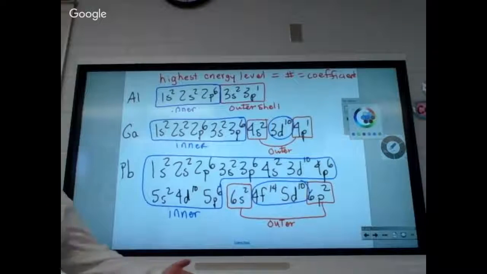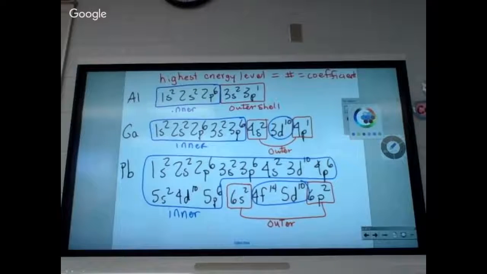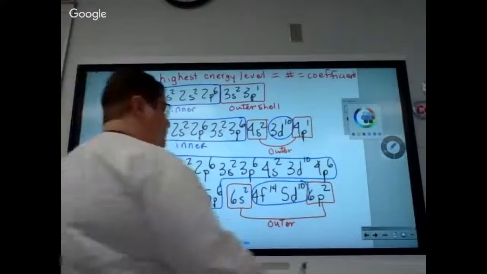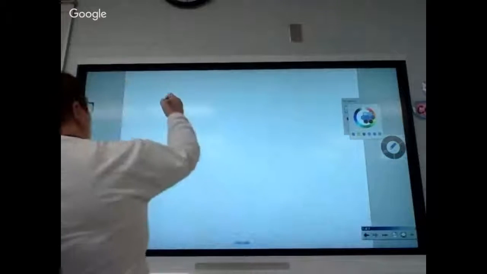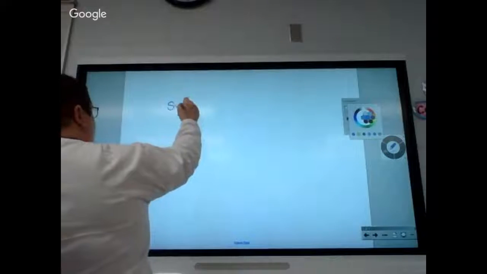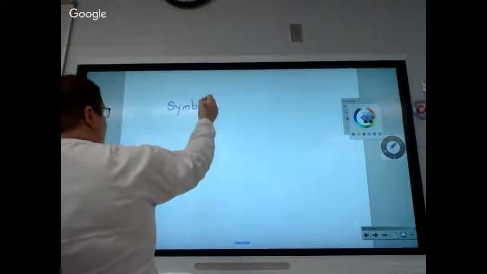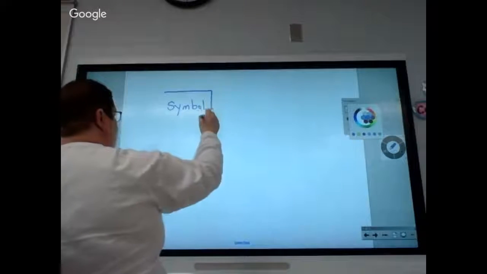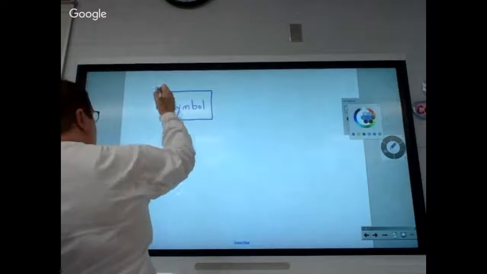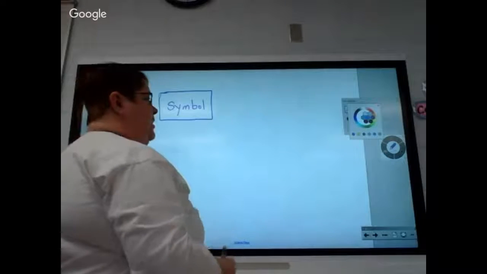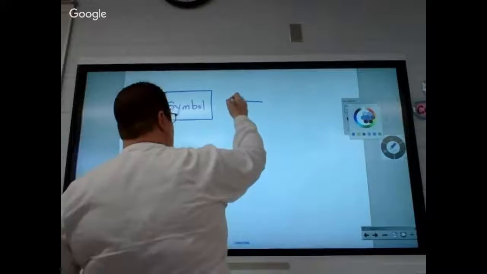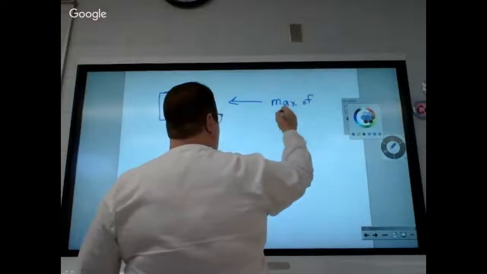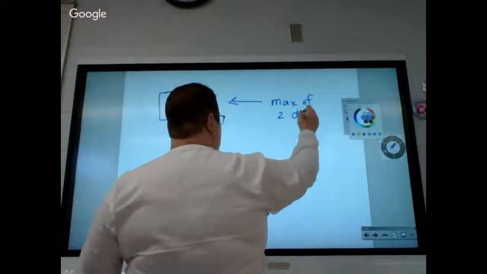Now, to draw the dots. First of all, everybody got what they need off this? First of all, you're always going to draw the symbol. And in your head, I want you to envision a box. On each side of the box, you can draw a max of 2 dots.